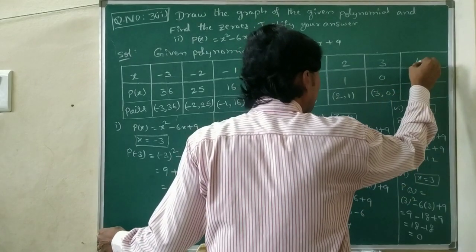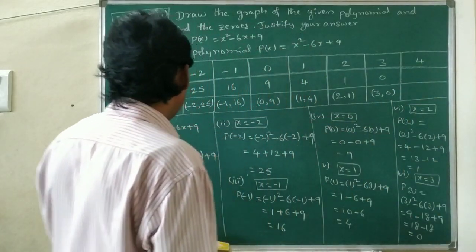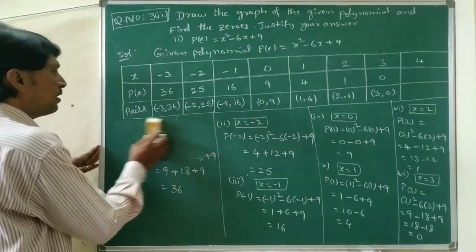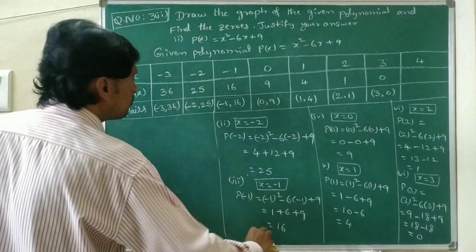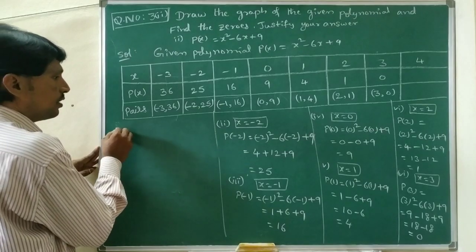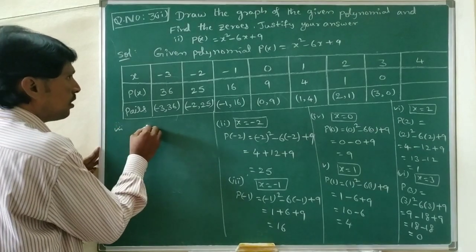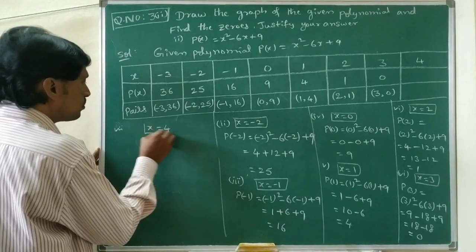One more also you can take, that is 4 you have to take. So I will rub and I will write it here. So it is x equal to 4.